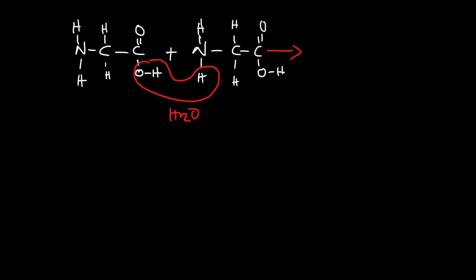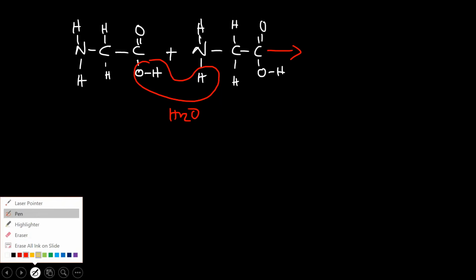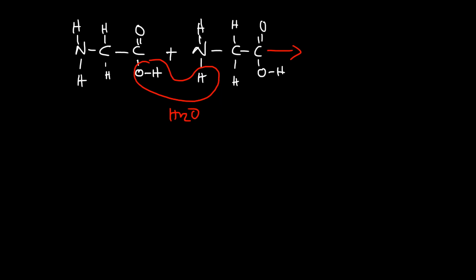So which means what you are going to form is the bond between, and be able to remember the bonds that we've looked at. So what is going to form is this. Let me just put this. So here that part goes.